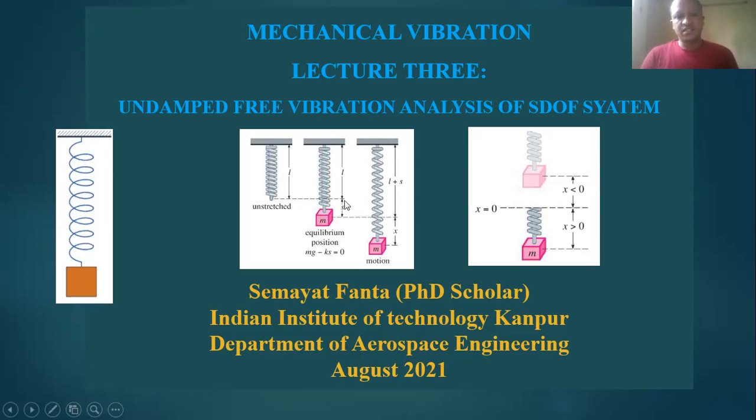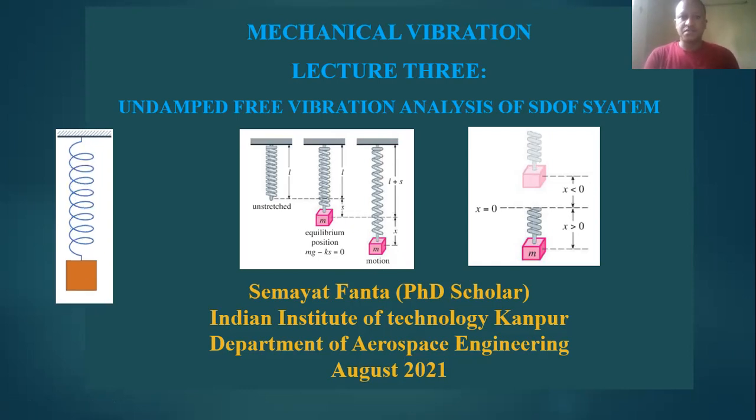So that is the deflection, delta L, which is s. So the equation of this system is mg minus ks equals 0 from the sum of force calculation. And then when we further disturb the system from its equilibrium position, the mass will oscillate.